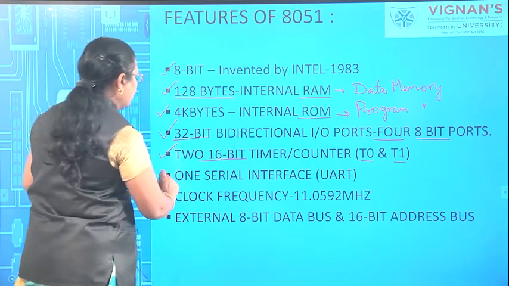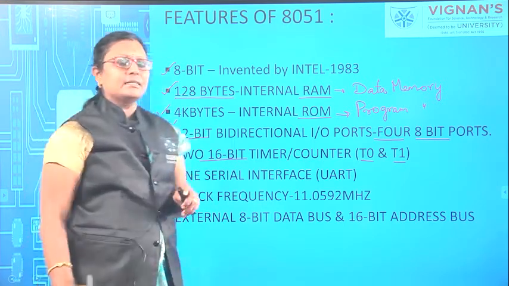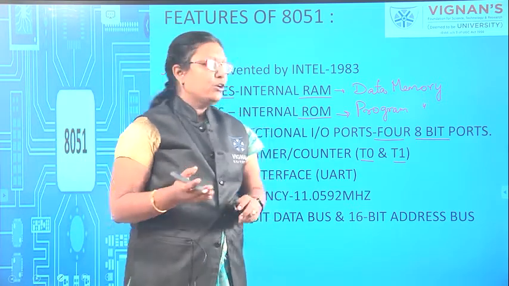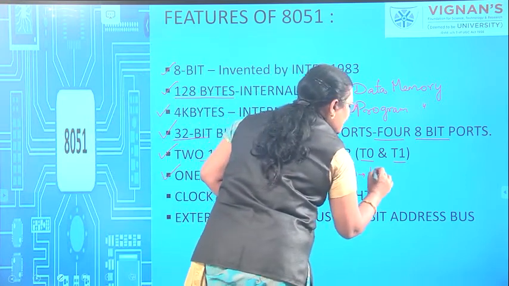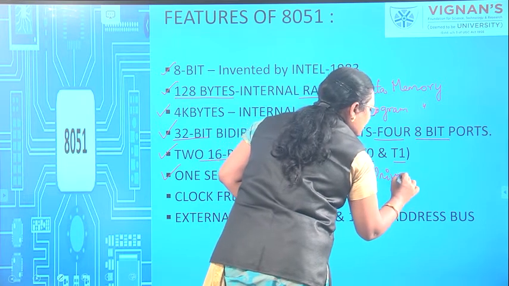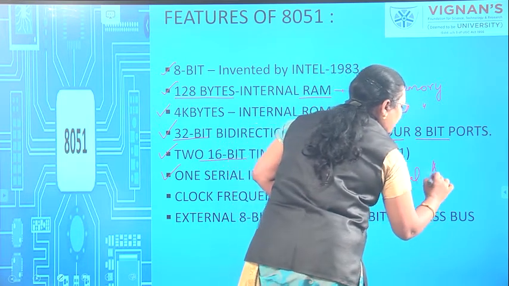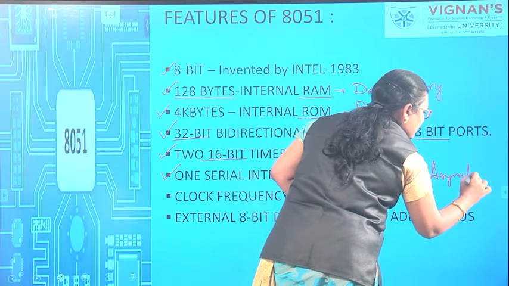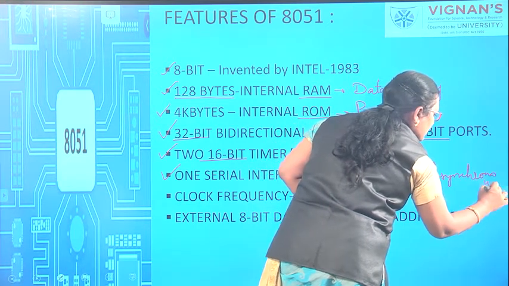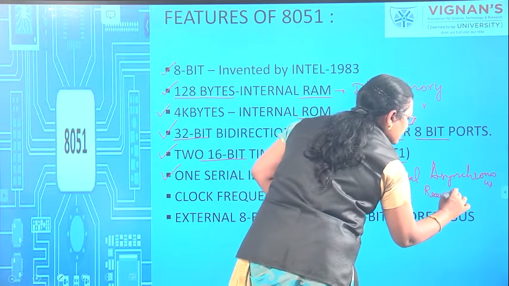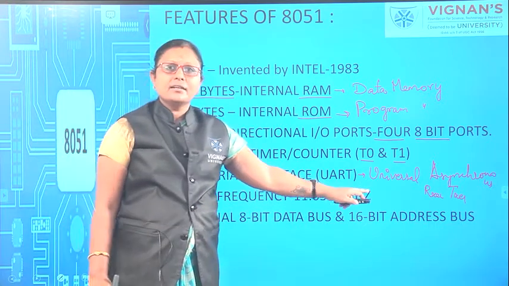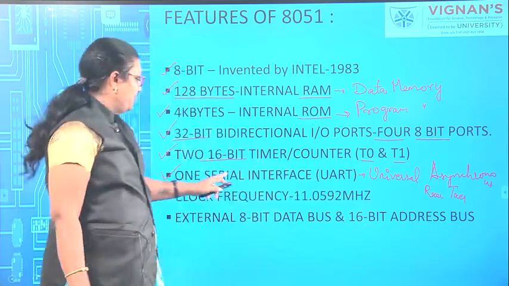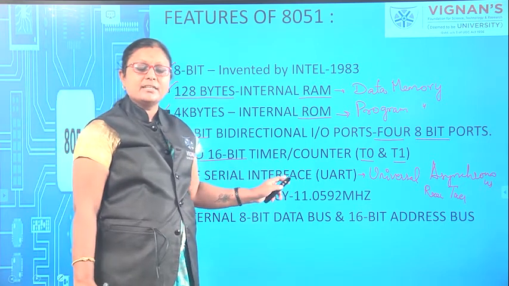Okay, and now coming to the serial interface, that is, your microcontroller is undergoing serial communication and it is using UART, nothing but universal asynchronous receiver transmitter. Okay, it is using the UART device as a serial communication device.